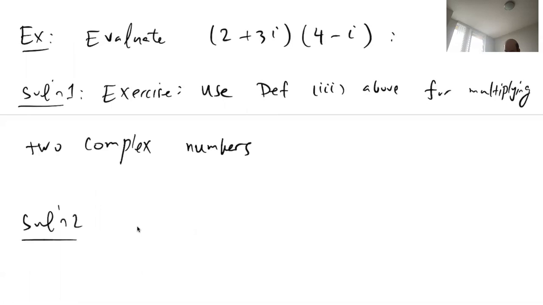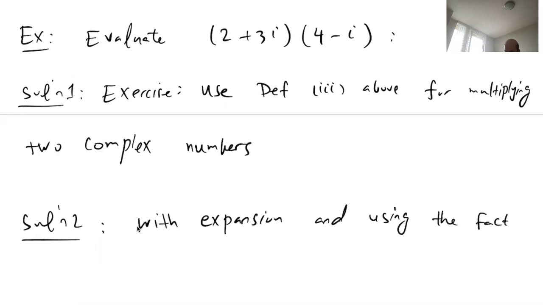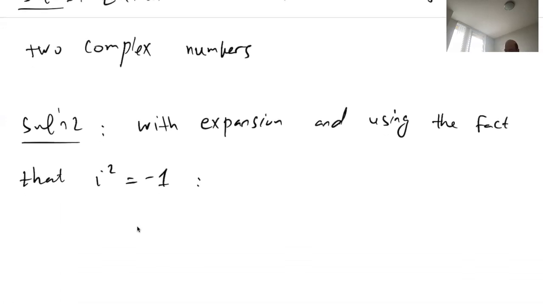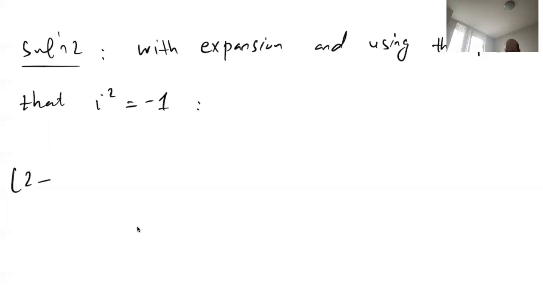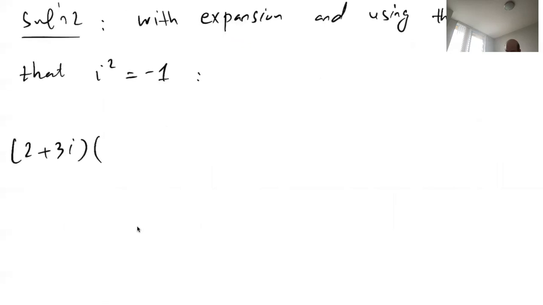But let me do it with solution 2, which is with expansion and using the fact that i squared is -1. So here we have 2 plus 3i times 4 minus i.